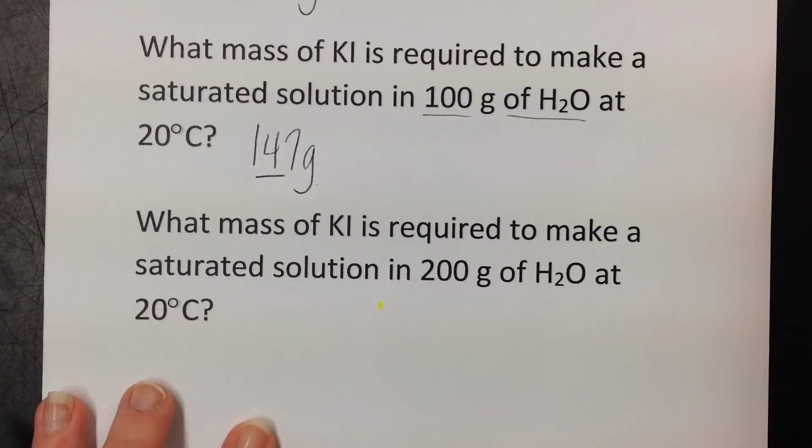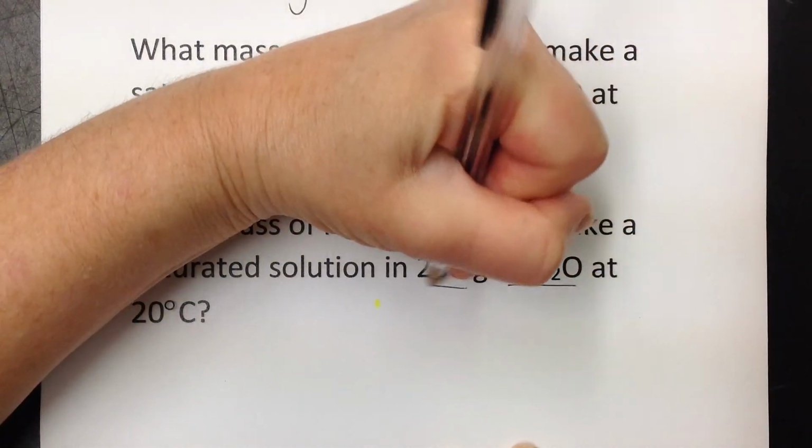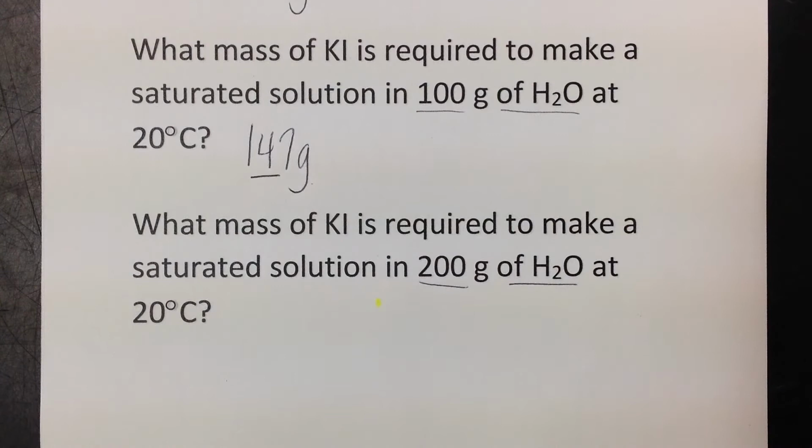Now, let's look at this one because this one's got something a little different in it. What mass of potassium iodide is required to make a saturated solution in 200 grams of water at 20 degrees Celsius? Now, that 200 is important because the graph is based on 100 grams.